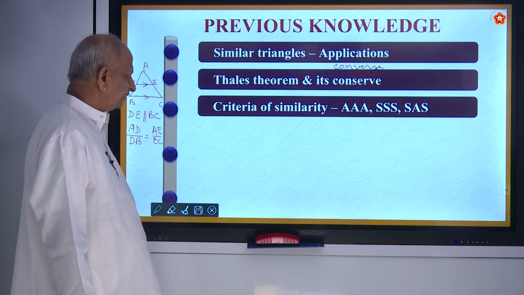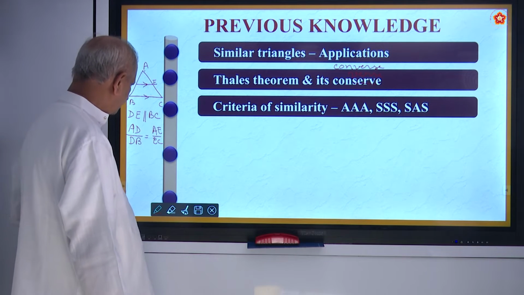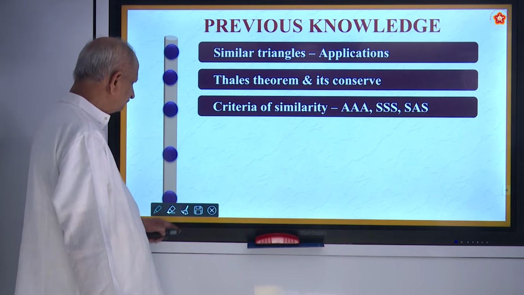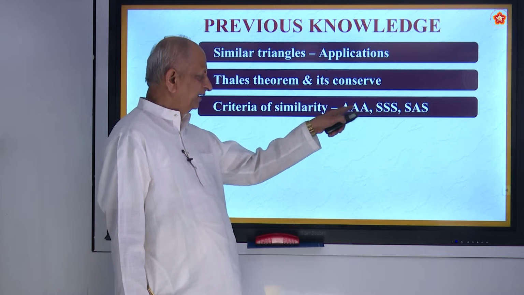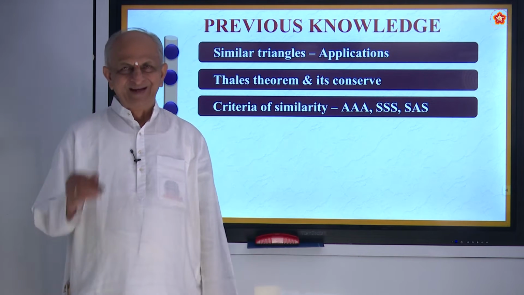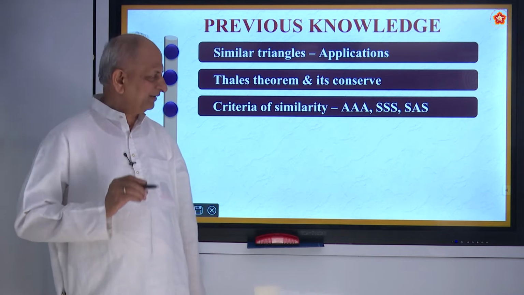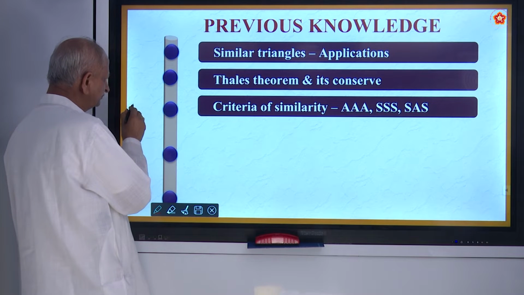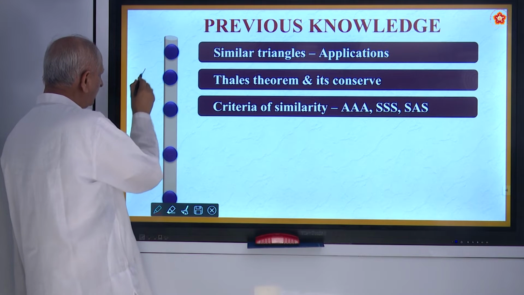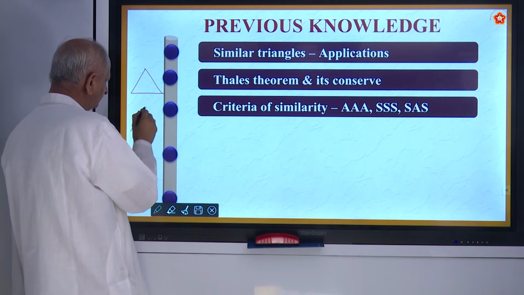And we have seen the criteria of similarity. Two triangles are said to be similar under three conditions. A means what? Angle. Three angles of one triangle, if they are equal to the three angles of the other, then the two triangles are said to be similar.